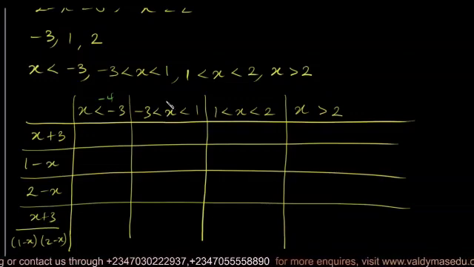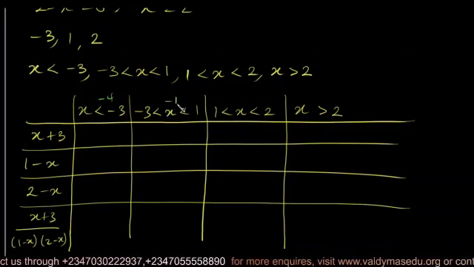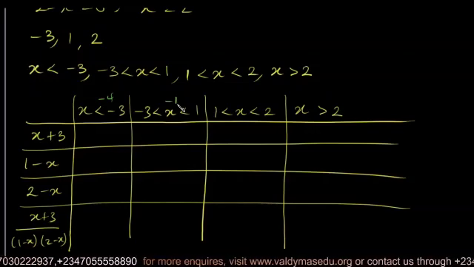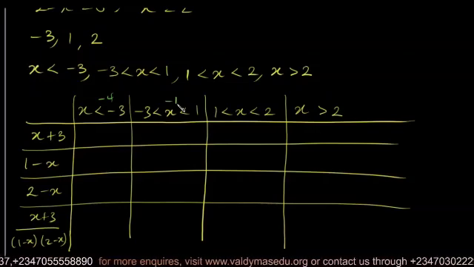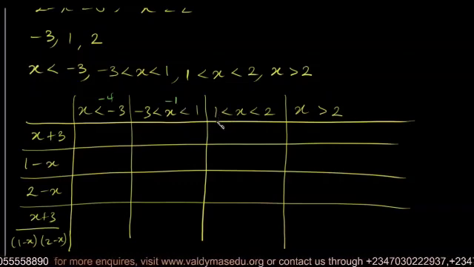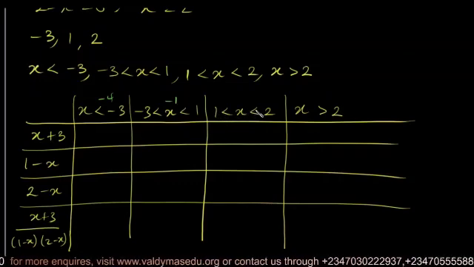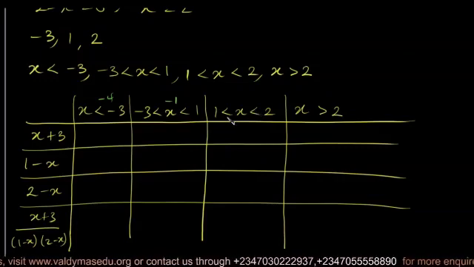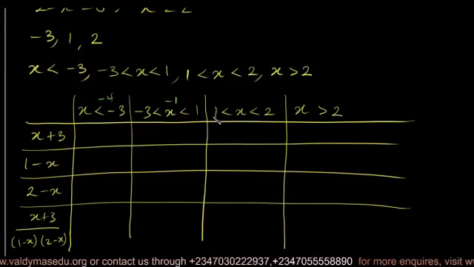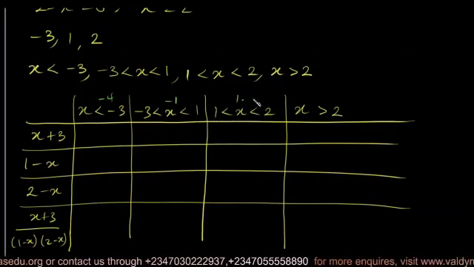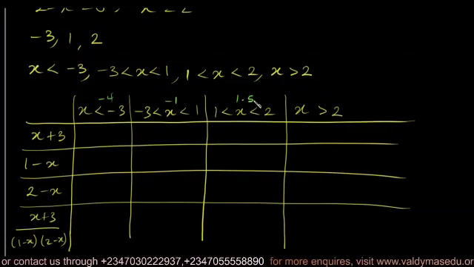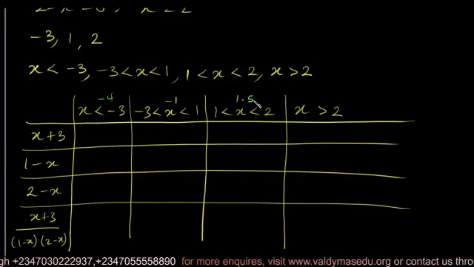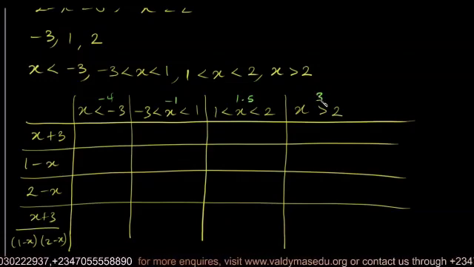I can choose minus 1. The next one is 1 less than x, less than 2, so you choose a number greater than 1 but less than 2, and that is 1.5. The last one, x greater than 2, a number greater than 2, 3.